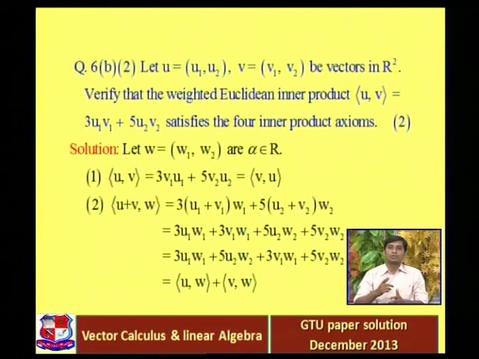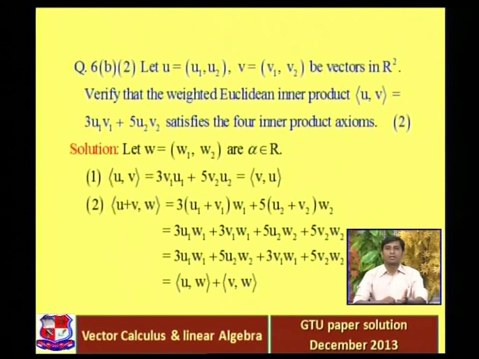We have to use this weighted Euclidean inner product, <u, v> = 3u1v1 + 5u2v2, to prove all the 4 conditions for the inner product space.